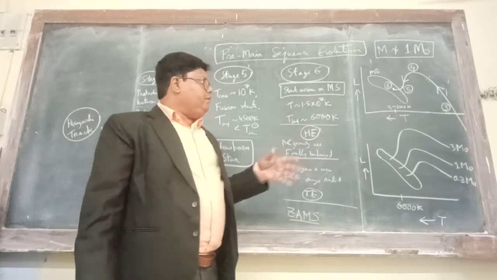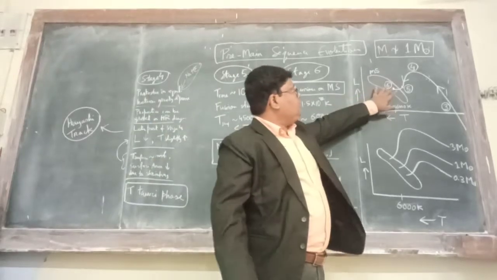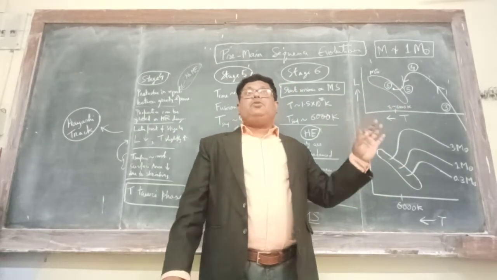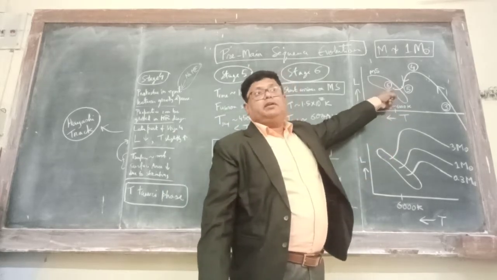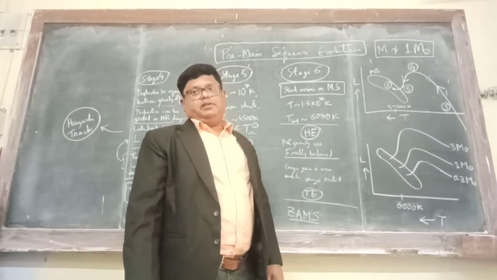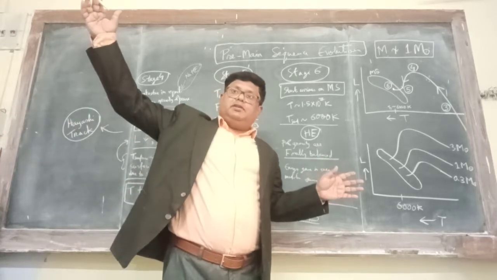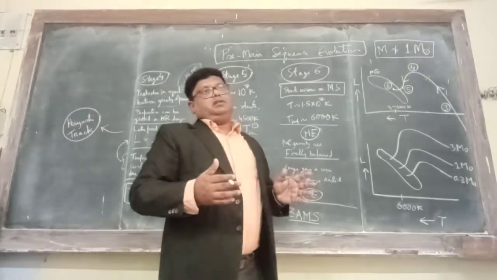And when it arrives on this main sequence, this is known as ZAMS, zero age main sequence. At this point, we have a ZAMS star, zero age main sequence star. Okay? So that's the overall story of star birth.